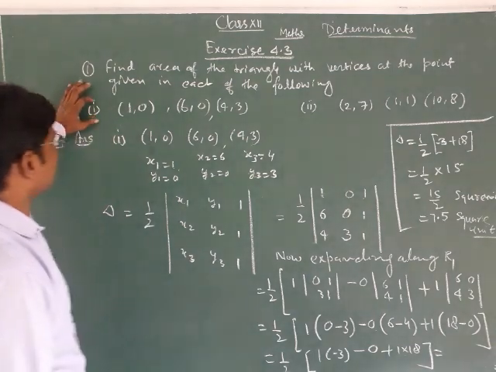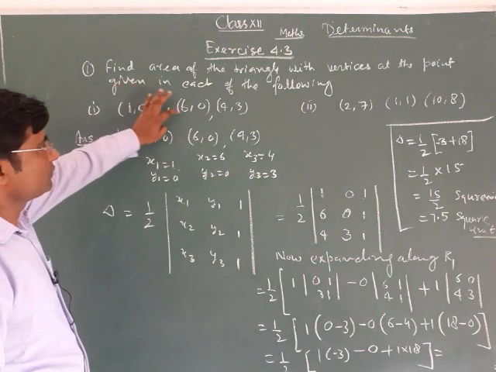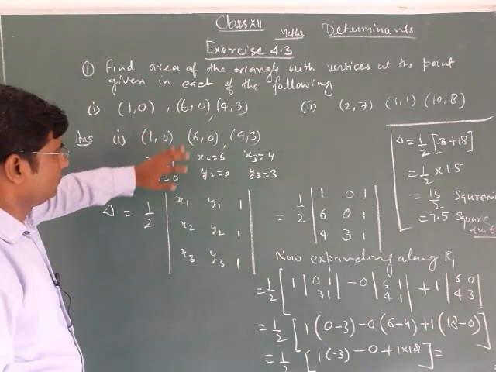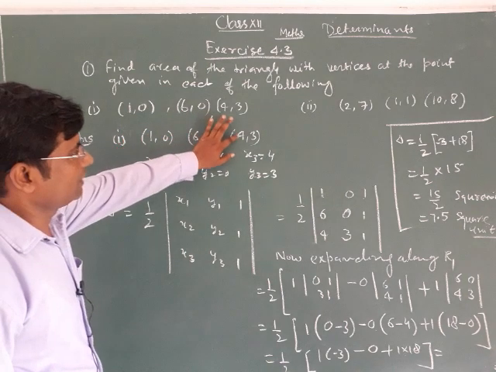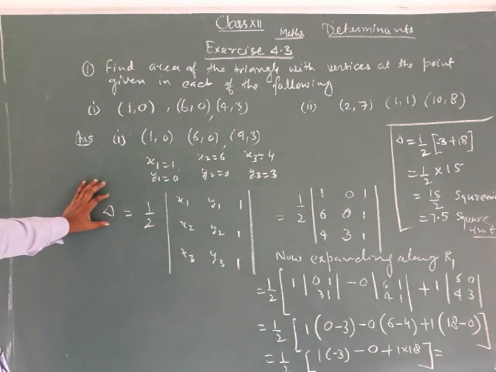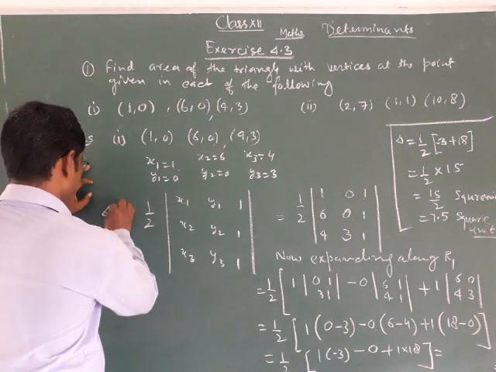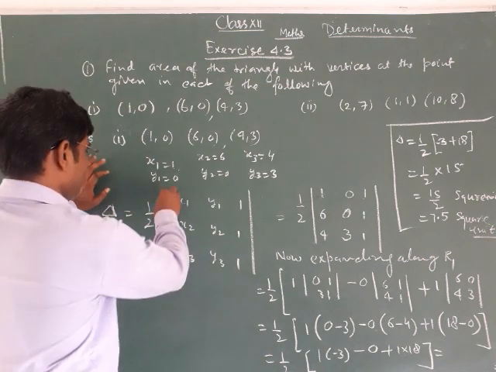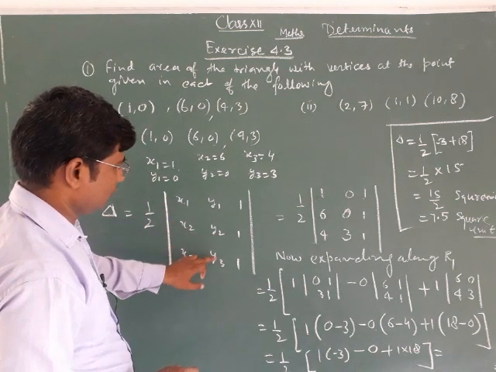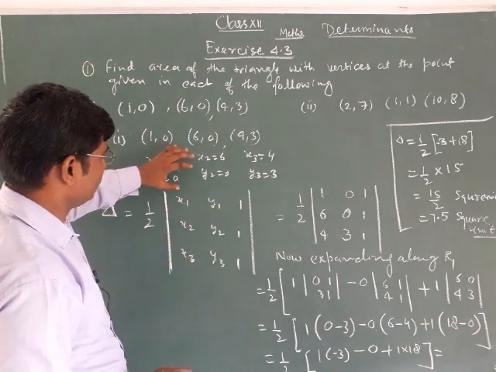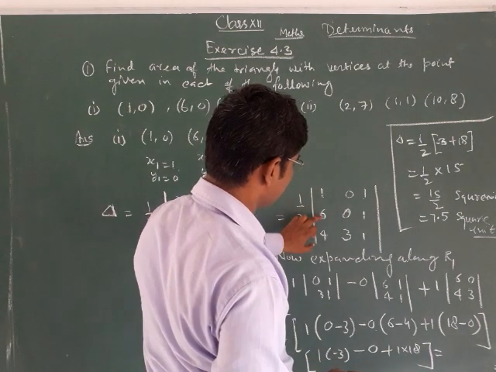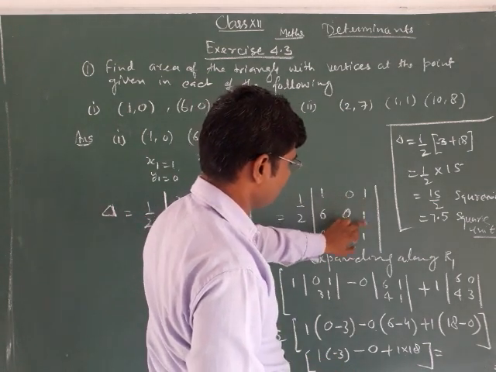So now for the first part, the given points are 1 0, 6 0 and 4 3. Now write here and find x1 x2 x3, y1 y2 y3. The formula for the area of a triangle is half determinant of x1 x2 x3, y1 y2 y3, 1 1 1. Now place the points here: 1 by 2 determinant 1 6 4, 0 0 3, 1 1 1.